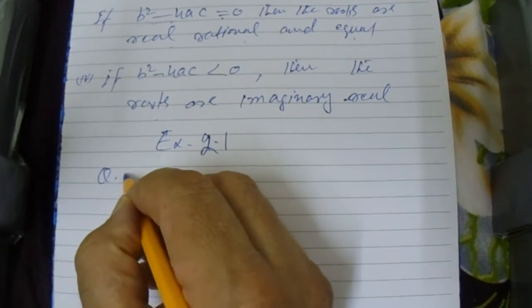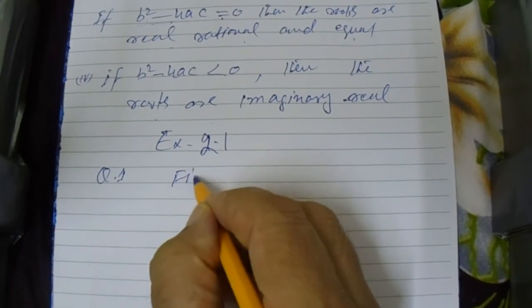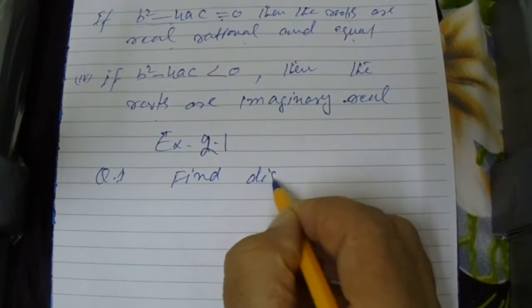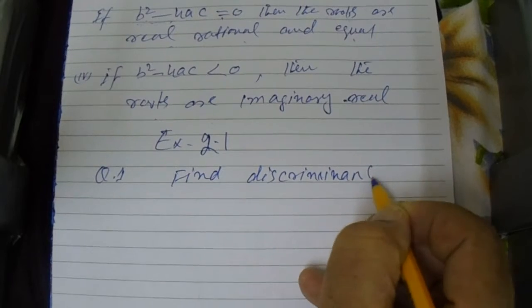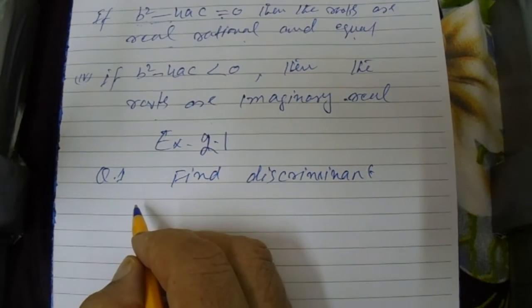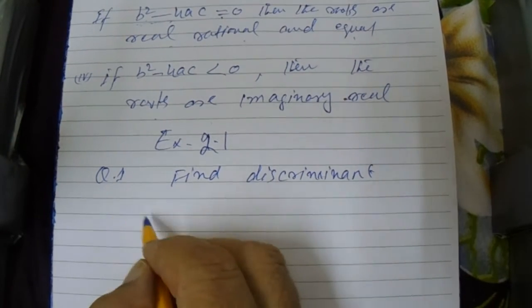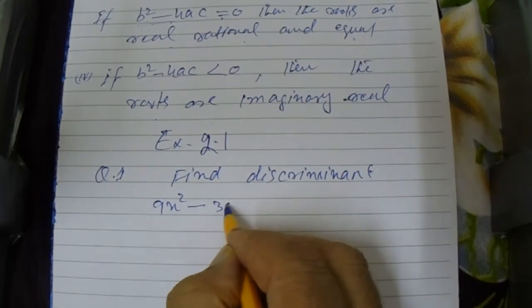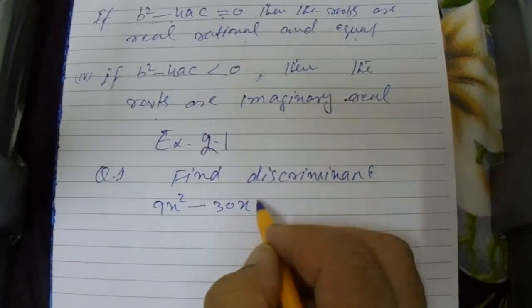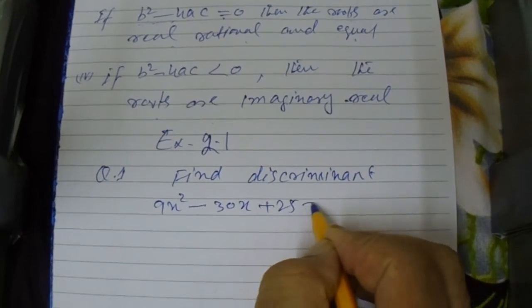Question number 1, find the discriminant. Now the equation is given. I take the third: 9x square minus 30x plus 25 is equal to 0.